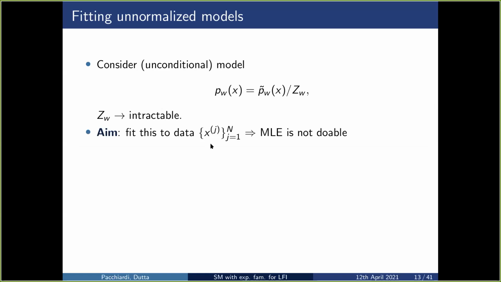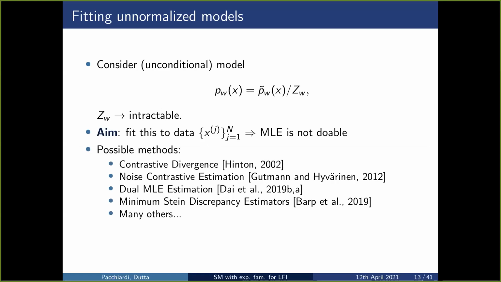Now, MLE is not doable, and there is a lot of work from Hyvärinen, and the previous speaker Michael has worked quite a bit on that, and then Hinton's contrastive divergence, and other works. But in this work, we will concentrate on Aapo's original work from 2005 on score matching to solve this sort of problem.